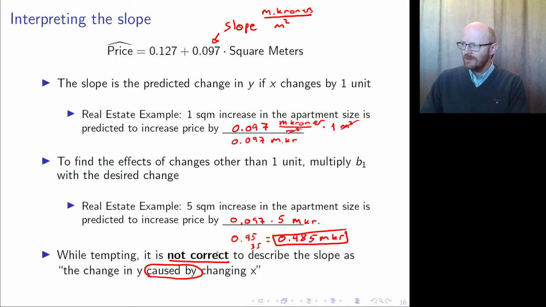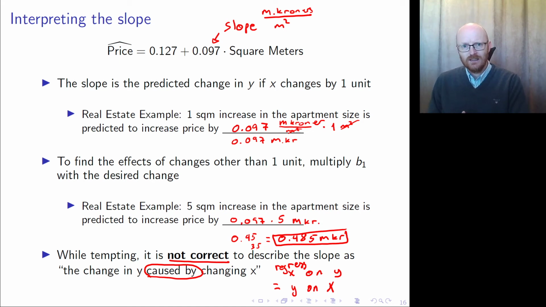Because if you regress x on y, it would give you basically the same r squared as y on x. So what is causing what?